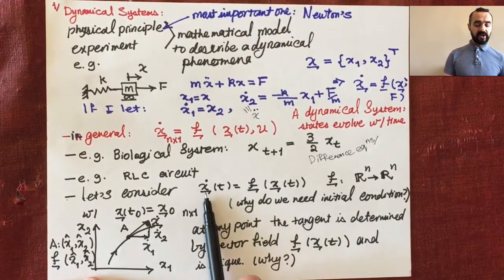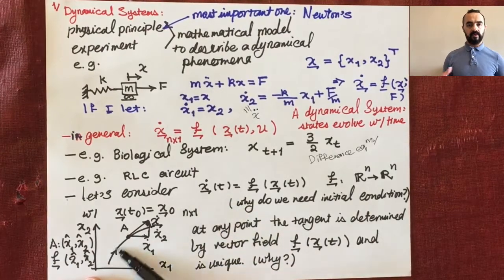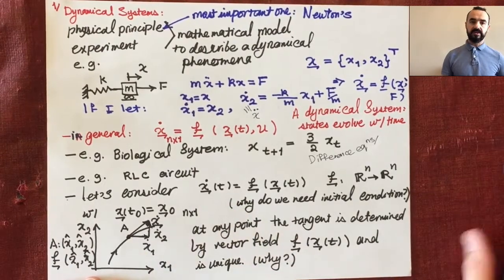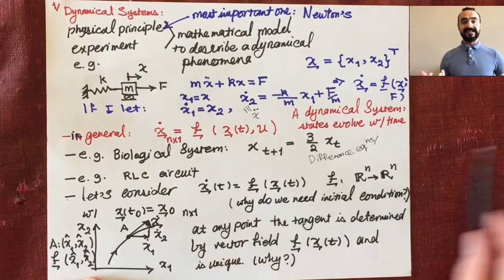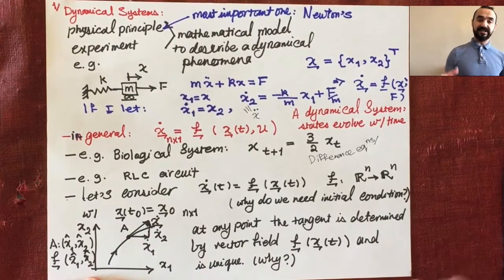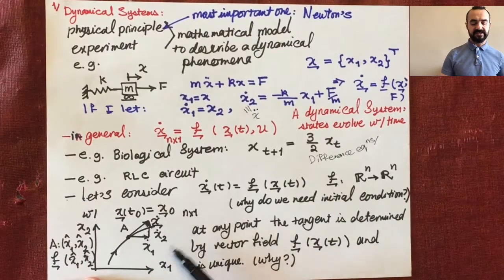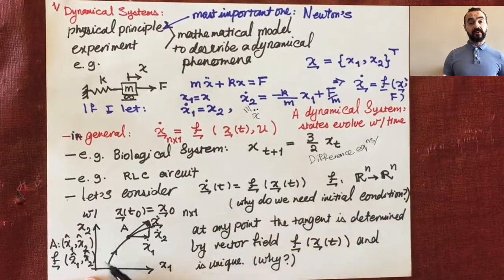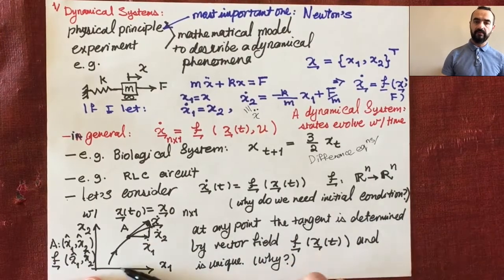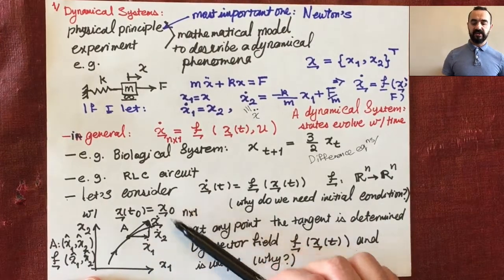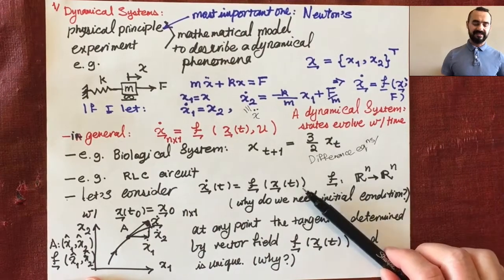So if this curve, for example, in 2D, because I'm using 2D here since it's easier to visualize the solution, I have already solved this system, found the solution, applied the initial condition, and found that this is a curve describing the solution to this dynamical system.